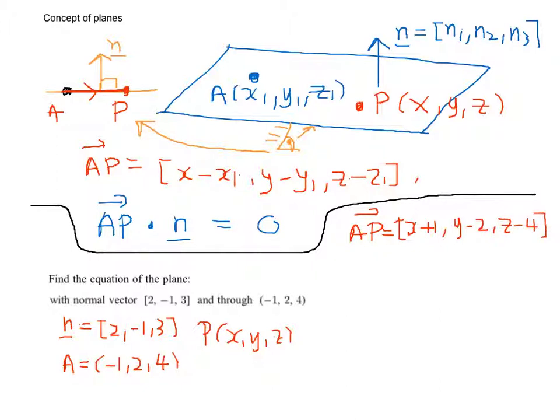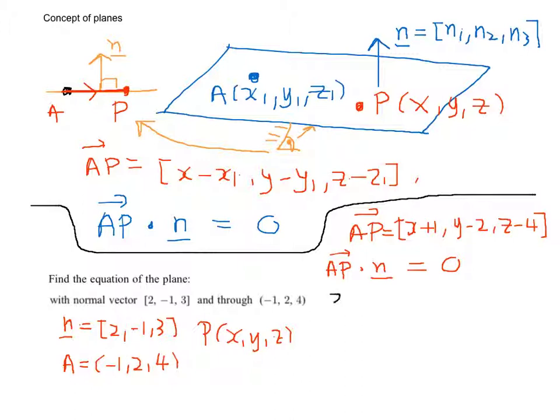To find the equation of the plane that we're investigating is equivalent to setting the dot product of AP and n equal to 0. If you perform the dot product of AP and n, the outcome will be this.